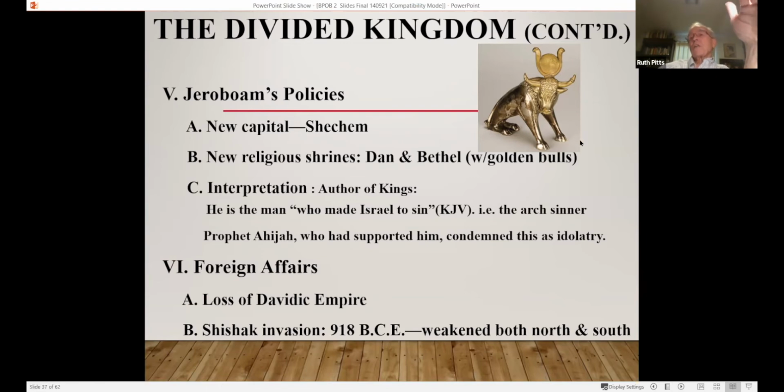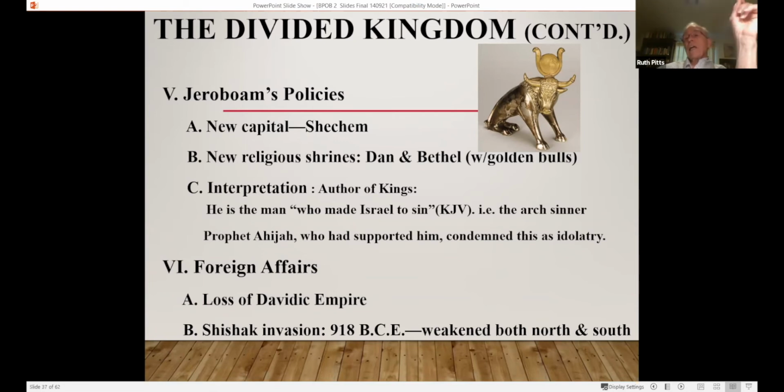Modern Old Testament scholars give him a break there and say, well, these bulls were meant to be a kind of basis for or the presence of the invisible God. But anyway, they could certainly be seen as idols, and that was the way they were interpreted. So the interpretation of the author of the Book of Kings is that Jeroboam is the man who made Israel to sin.